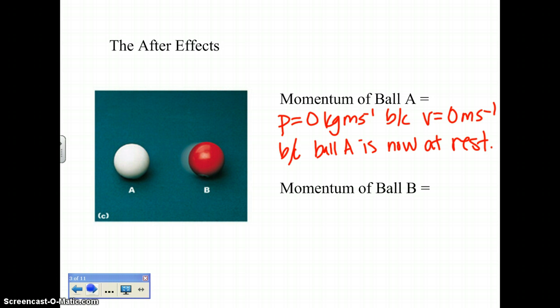Okay, what about the momentum of ball B? The momentum of ball B is now whatever the momentum of ball A was.